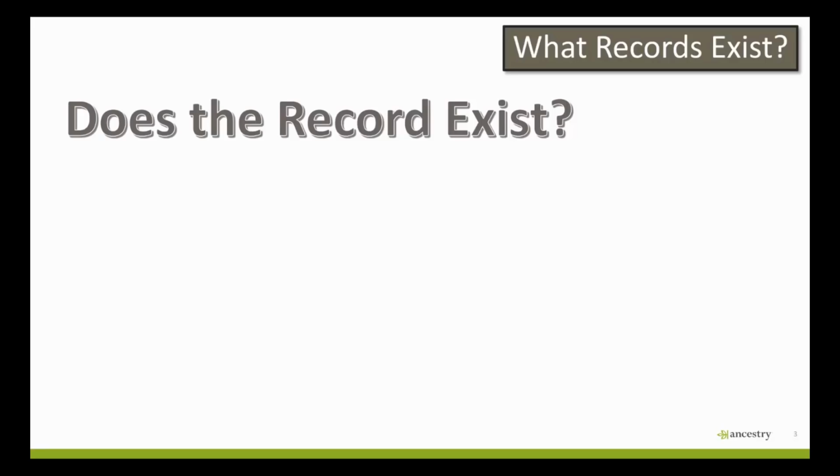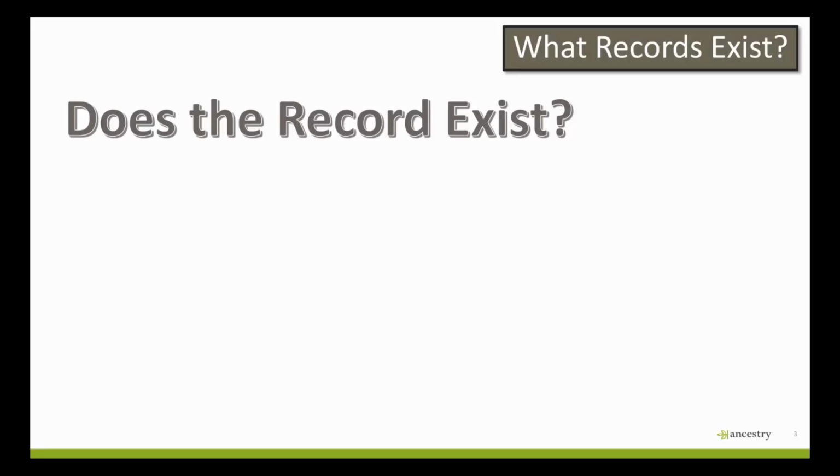Now, if you've been doing research for a very long time in Georgia, for example, you start to develop the knowledge about what records exist for what counties and what records don't. But if you have just traced your family into Virginia, and that is the first time you've started researching in Virginia records, it might be a really good exercise to familiarize yourself with what records exist for Virginia.